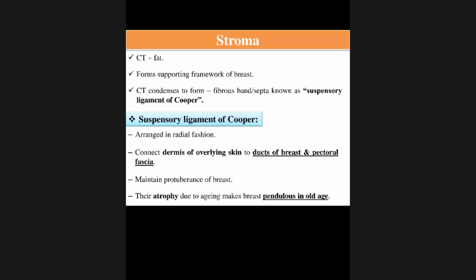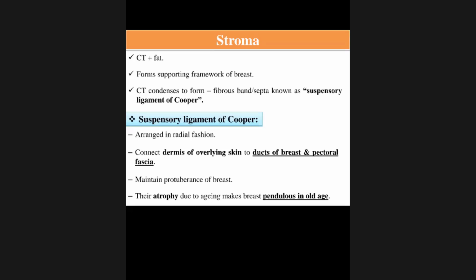The suspensory ligaments of Cooper are arranged in a radial fashion, and they connect the dermis of the overlying skin to the ducts of the breast as well as the pectoral fascia. Superficially they connect to the dermis of the skin, and deeply they are connected to the deep fascia, which here is called the pectoral fascia.